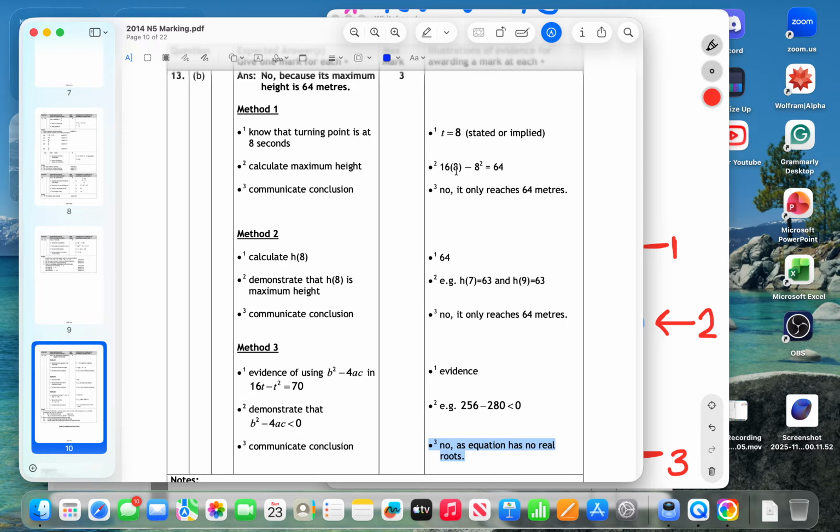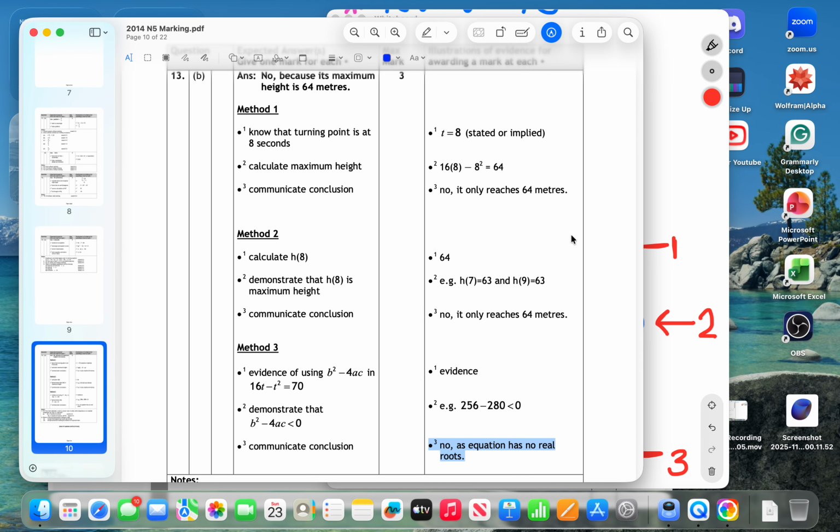Method 2 is a bit different, and I don't like it because it's more guess and check than it is mathematical. So I wouldn't use method 2 because it's less mathematical, and more relying on trial and error, which in some questions is not allowed, but I would avoid it.